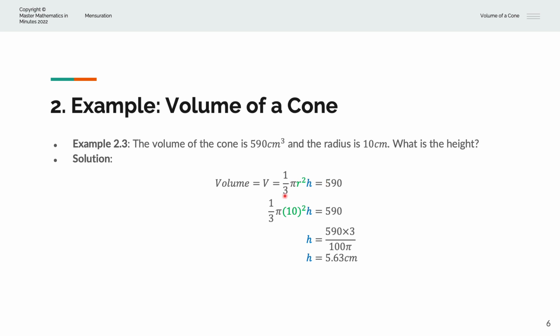So we'll copy 1 over 3 pi down, and we'll replace r with 10 because that's the radius, and we'll square that, and we'll copy h down and 590 down. So h is equal to 590 multiplied by 3 over 100 pi, and h is equal to 5.63 centimeters. So visually, we have a cone with radius of 10 centimeters and a height of 5.63 centimeters.